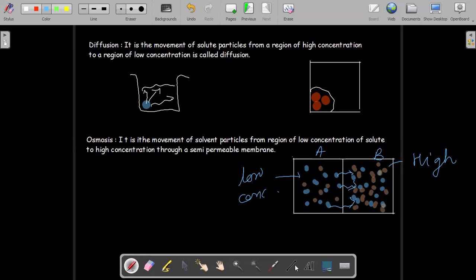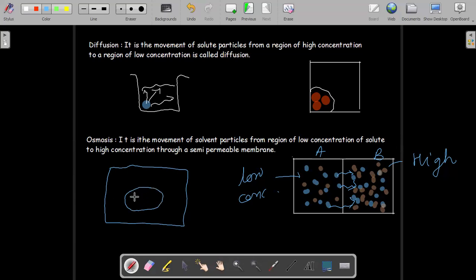Sir, but I have a doubt in that process. In the raisins, there is no liquid, there is no amount of water, so there is a low concentration of water inside and a higher concentration of water outside it. So why is it not diffusion? First of all, it is a semi-permeable membrane.